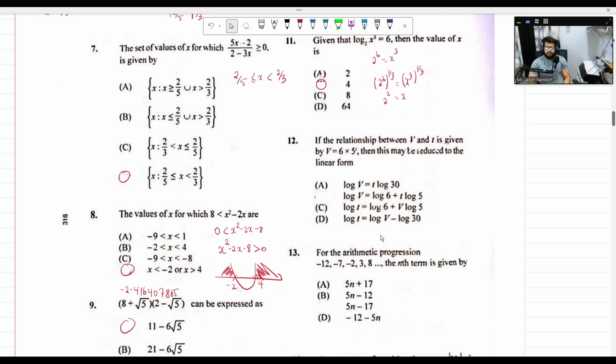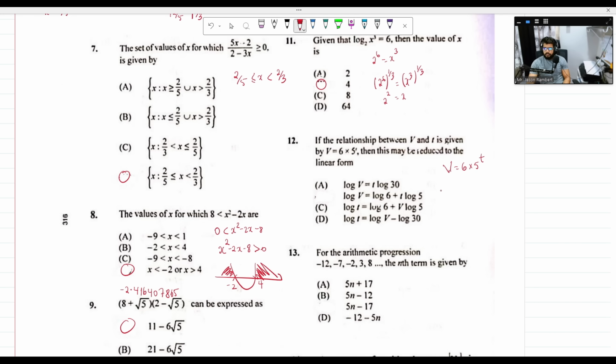If the relationship between v and t is given by v is equal to 6 multiplied by 5 to the power t, write that down, 6 multiplied by 5 to the power of t. This may be reduced to linear form.